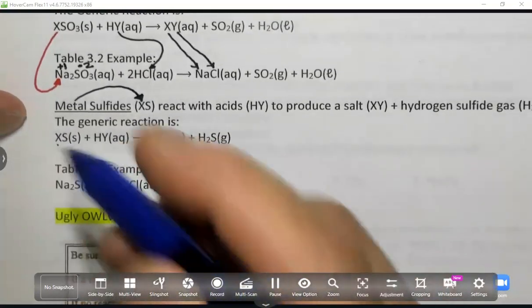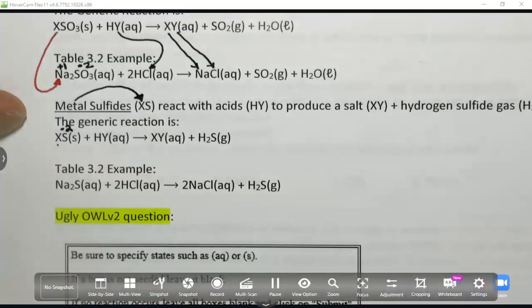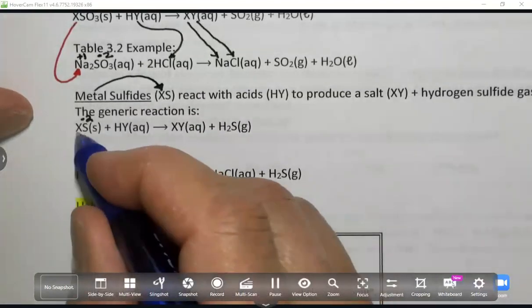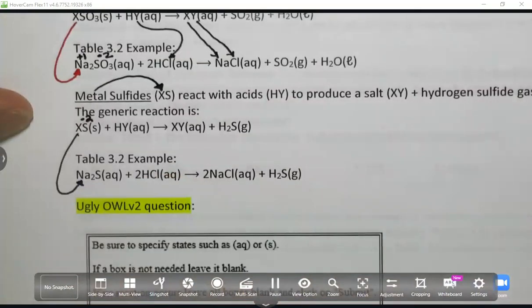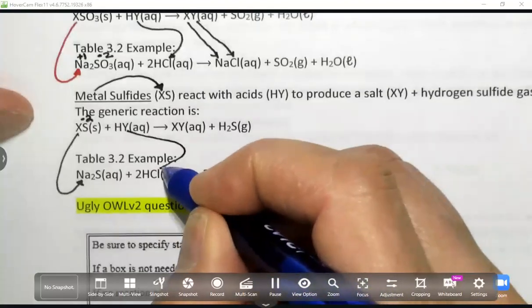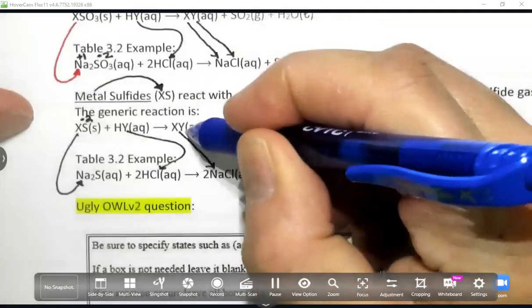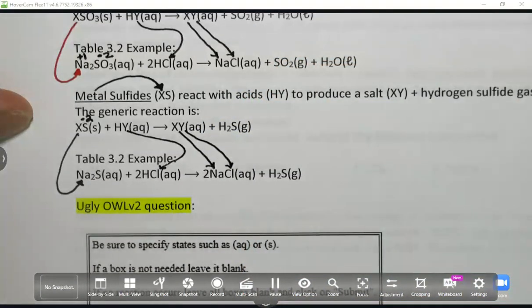So X, and then sulfide's always -2. So metal sulfide. So here's my example from the textbook again. Sodium sulfide. My Y is chloride. So there's my XY.